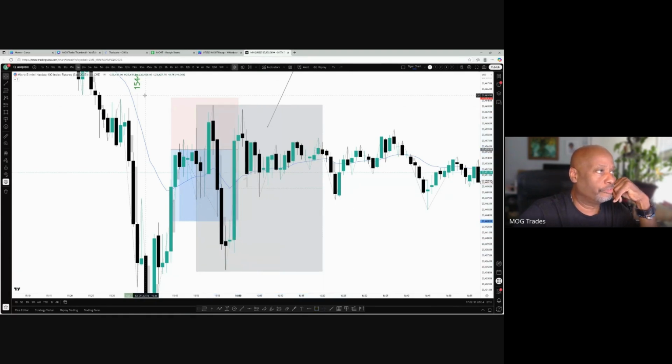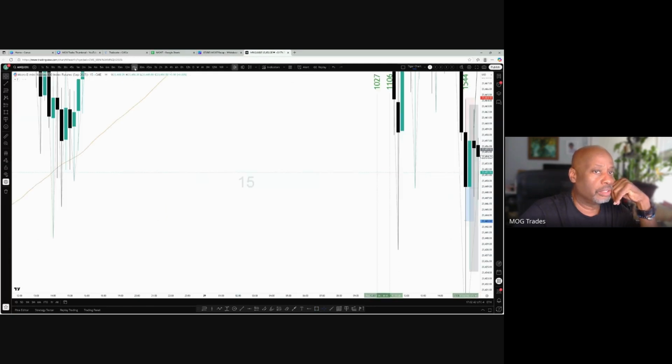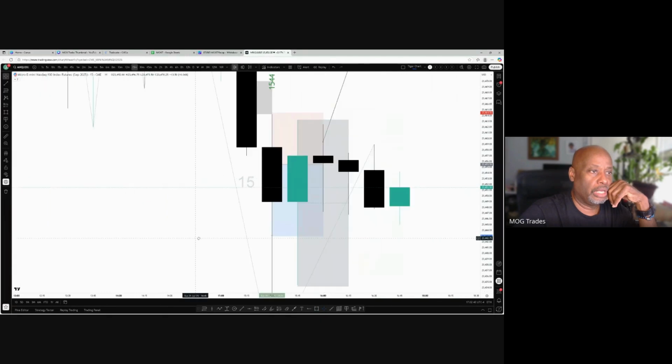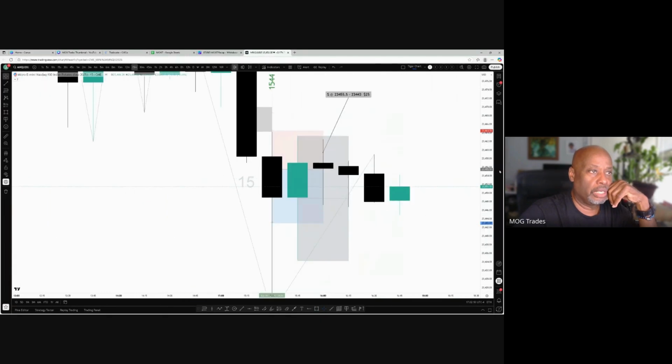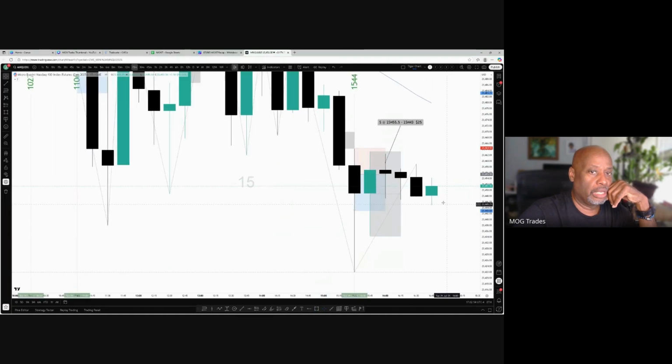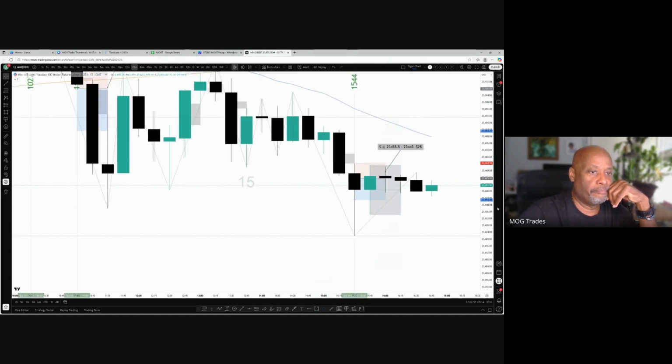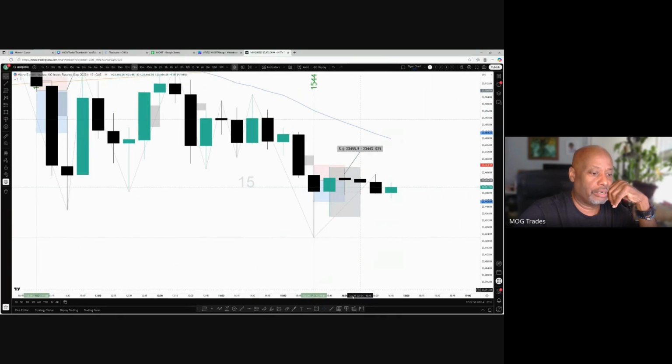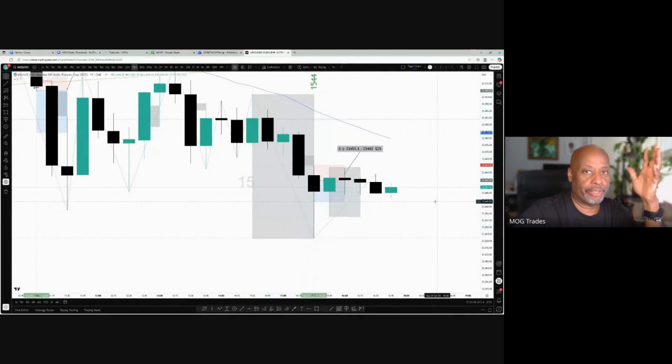Now, if you go to the 15-minute, now your swing high is right here. Your swing high and your swing low is right here. That's a huge difference, right? So it's based on your time frame.